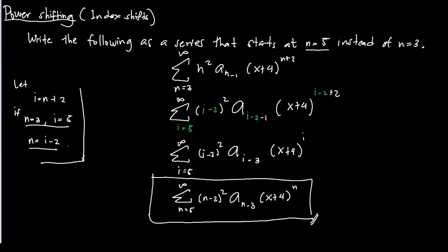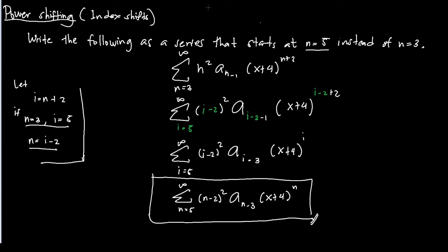The pattern that you need to realize is that if you add or subtract anything from your index, you have to make the same magnitude change, but opposite, to the other parts of the power series.